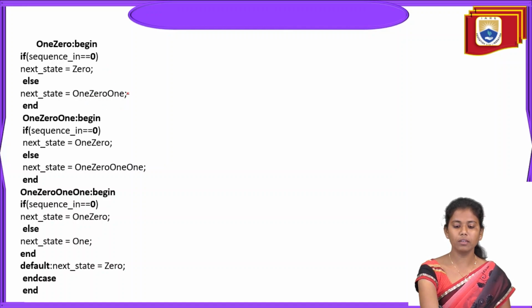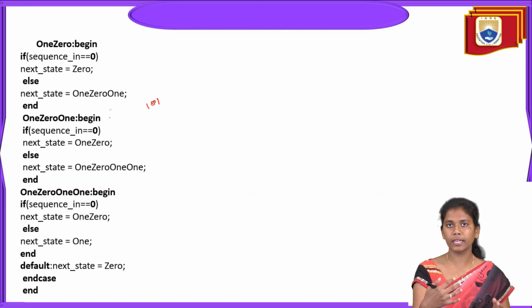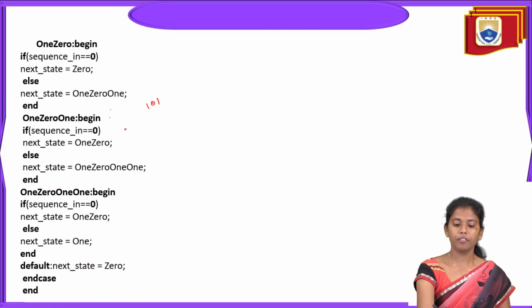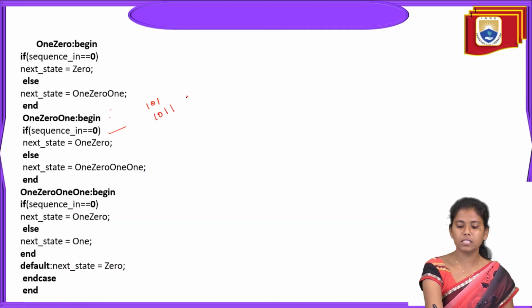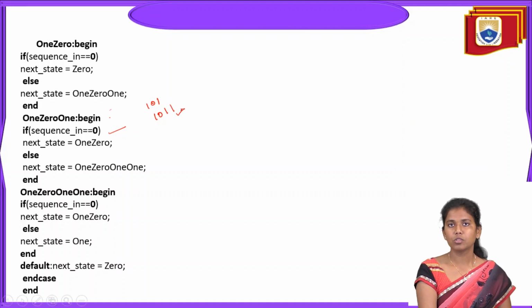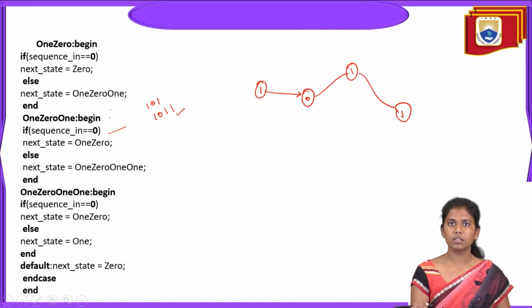If it is 1 0 1, then how are we going to detect the last bit? If it is 0, one thing we are going to observe is 1 0 1 1. See, the next state would be 1 1. So one thing you have to remember: the present state is 1, the next state you are going to observe as 0, the third state you are going to observe as 1, and the fourth state you are going to observe as 1.